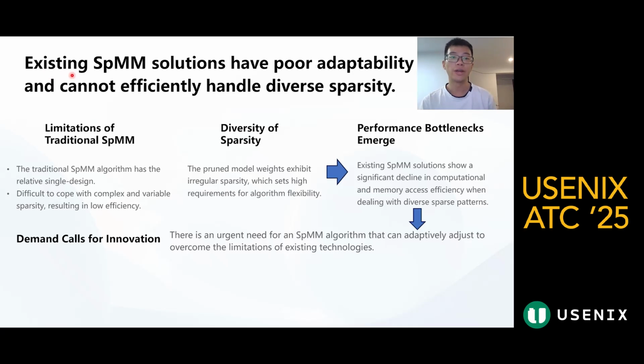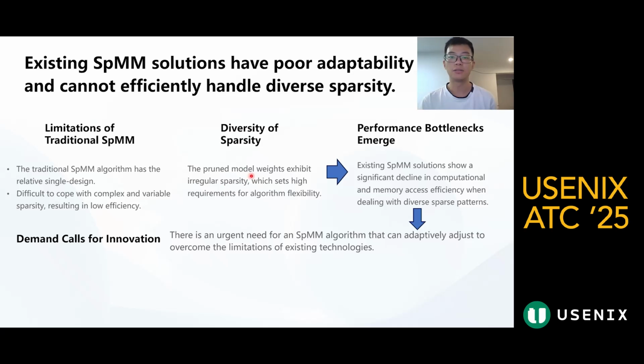However, existing SpMM solutions have poor adaptability and can't efficiently handle diverse sparsity. The traditional SpMM algorithms have a relatively single design, so they are difficult to cope with the complex sparsity, resulting in low efficiency.